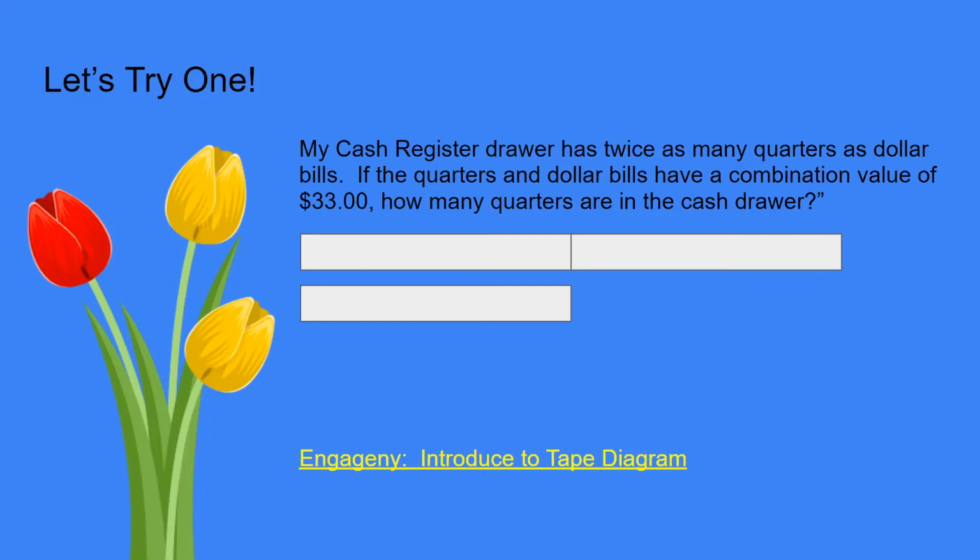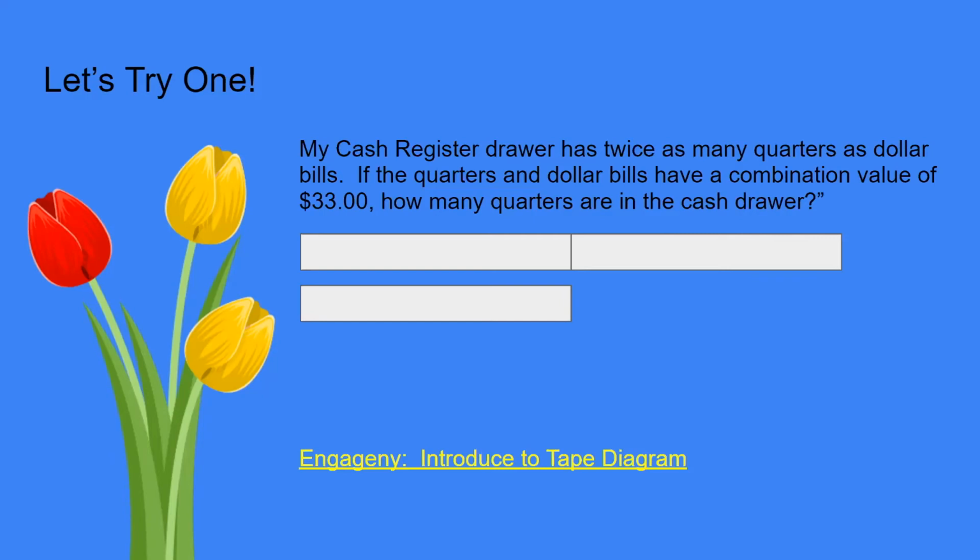A dollar is worth $1, right? And a quarter is worth 25 cents, but I have to have 2 of them, right? So how much is 2 quarters worth? 50. So we are looking at x, our variable, equal to 33.